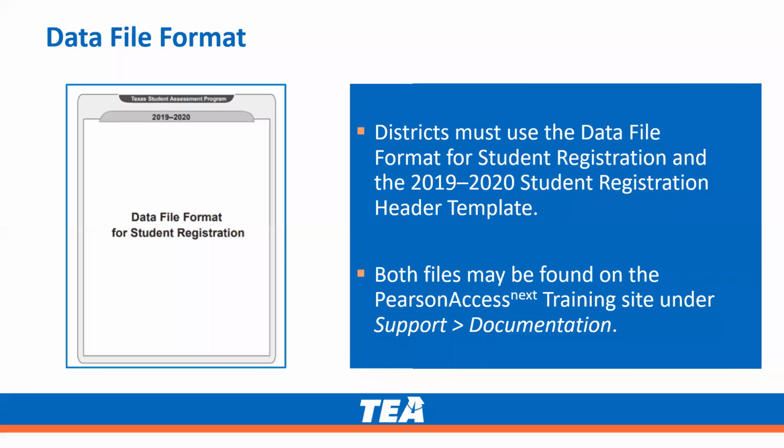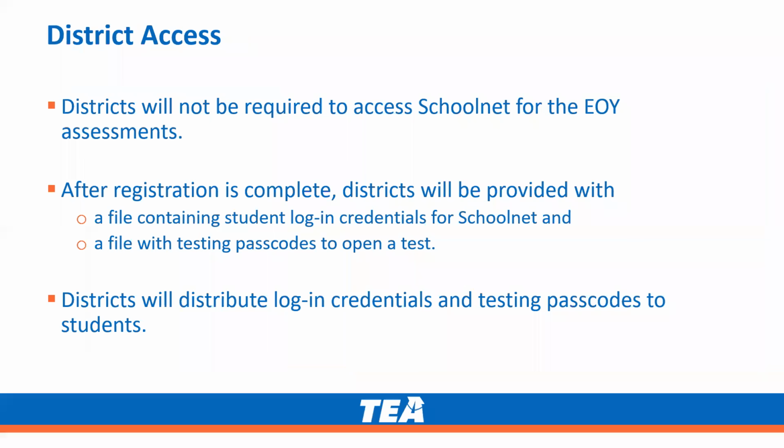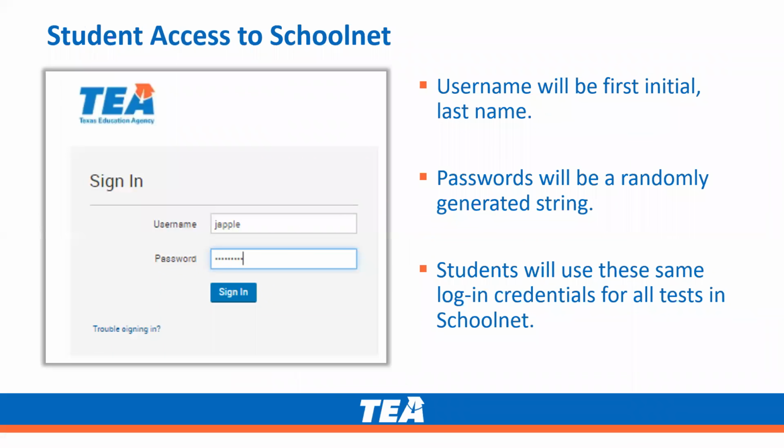Talking about the logins, the login information will be based on the student ID that is in the registration data file. The login will be a username, which is first initial and last name, and then a randomly generated string of characters that the student will put into the password.